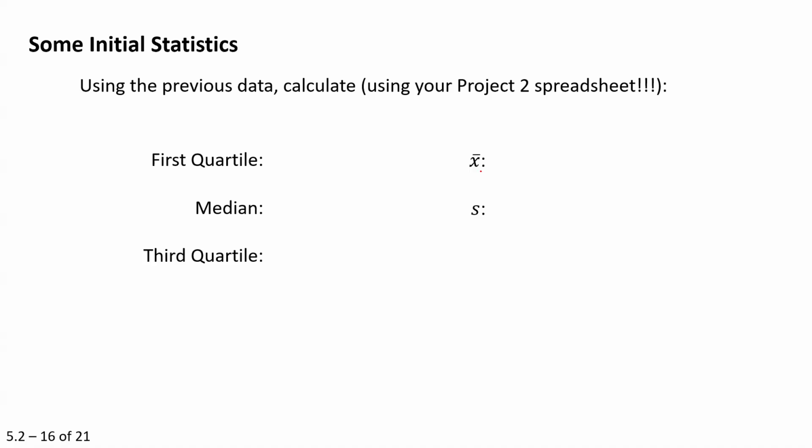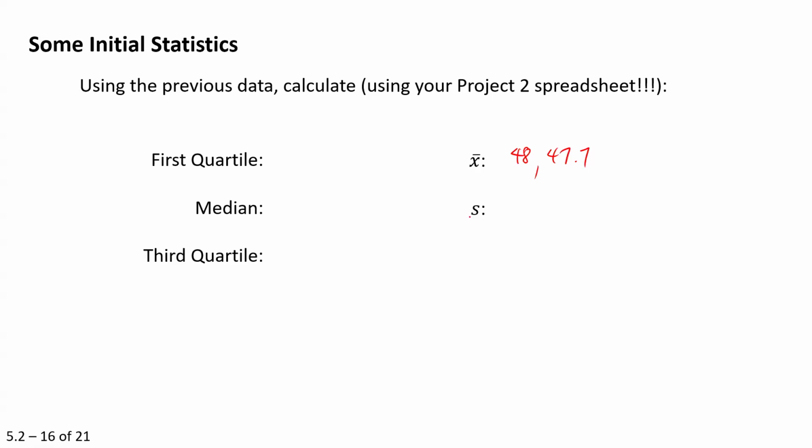Yeah, Boosie, what'd you get for a mean? 48. Yeah. How about Utah? Eventually you'll get them all in there. Sally, what'd you get? I'm still working on the first and third quartile. Okay. 47.7.